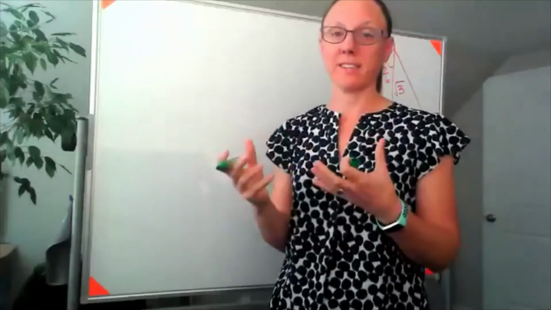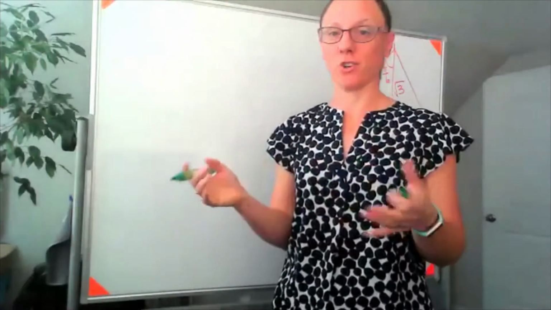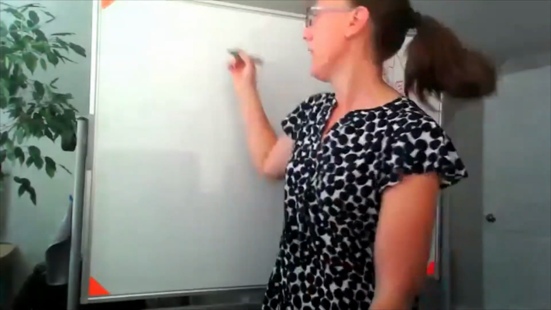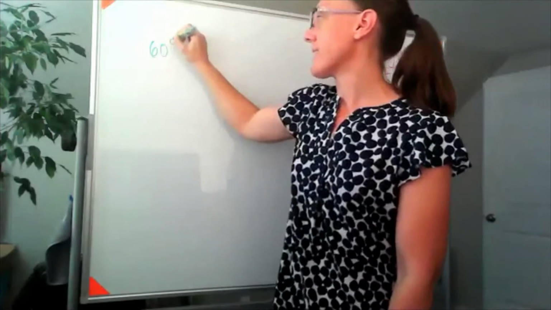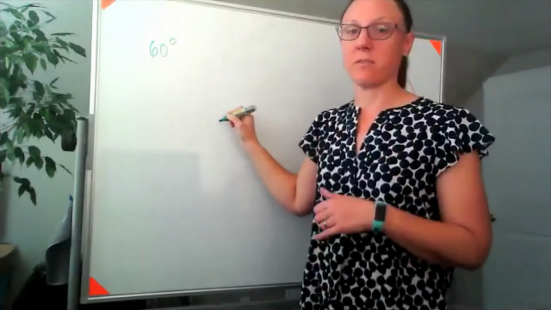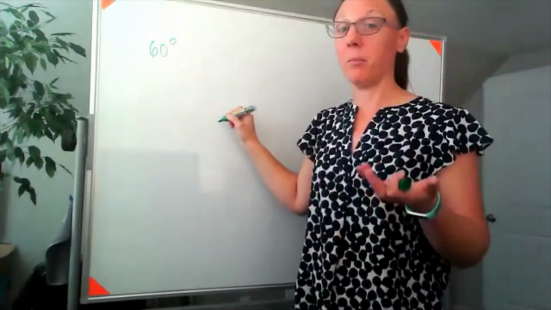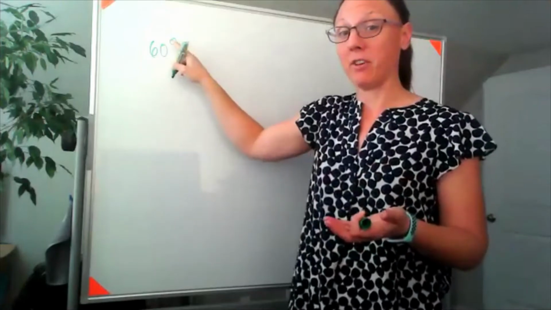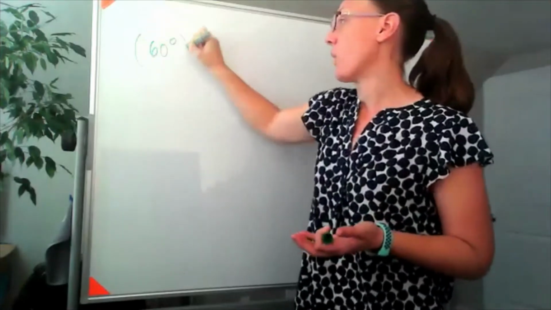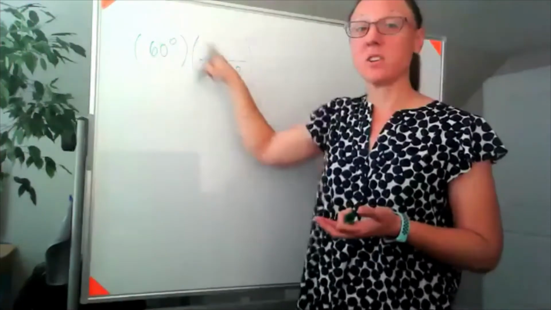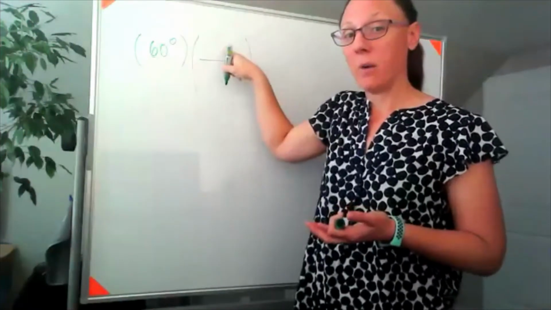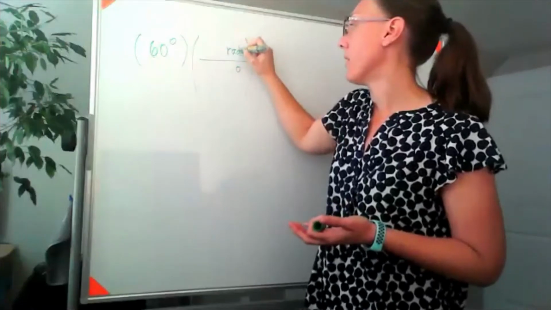I think about this as if we're converting units or doing stoichiometry or something. If I have 60 degrees and I want to write that in terms of radians, I'm going to multiply. Right now, I have units of degrees, so I need to multiply by something with units of degrees in the denominator so that my degrees will cancel out, and with units of radians on the top.